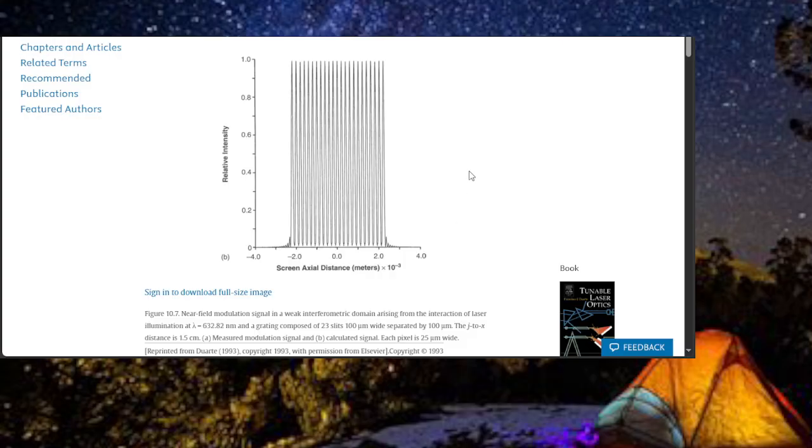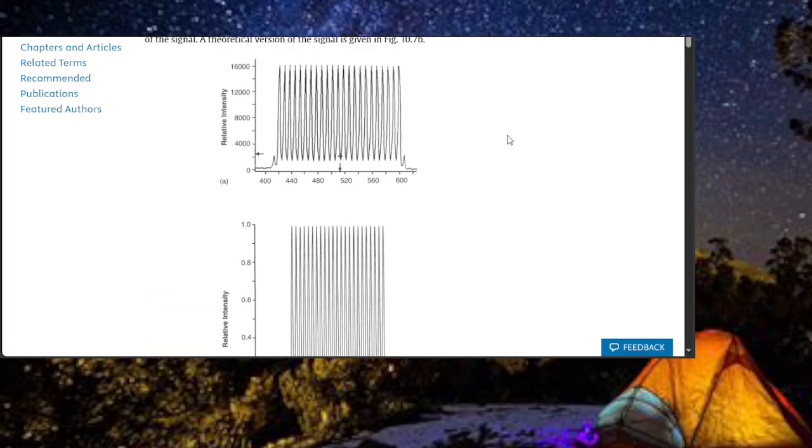So that's just using bunches of slits a certain distance apart, and you've got this pulse, and the relative intensity is the same. That would be using the slit as a modulation source.